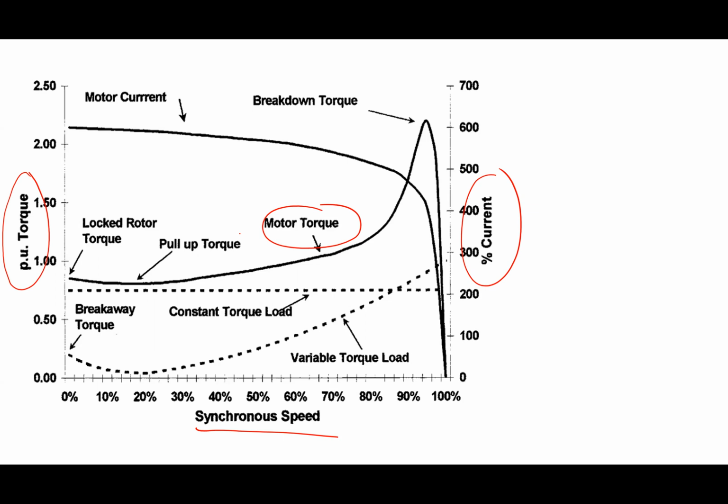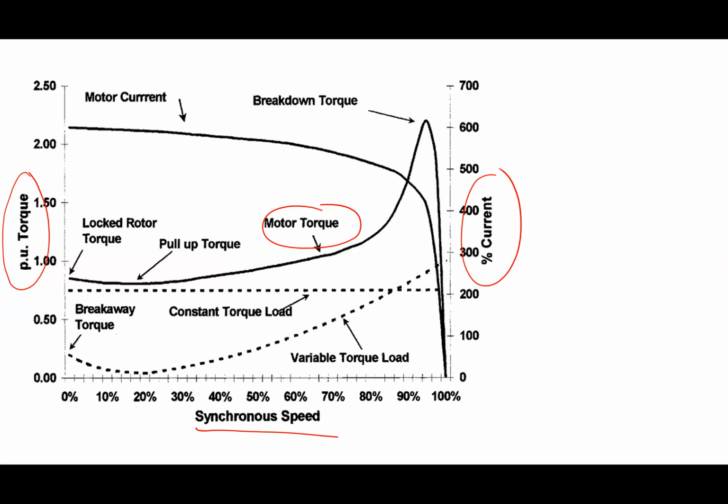Oftentimes people do this in per unit, because if I have 2 motors, one of them could be producing 1,000 Newton meters and the other 100 Newton meters. They're going to have totally different torques, but their curves are going to look the same. 100% of rated torque is where he's supposed to be operating, independent of whatever torque he produces. 1 per unit torque.